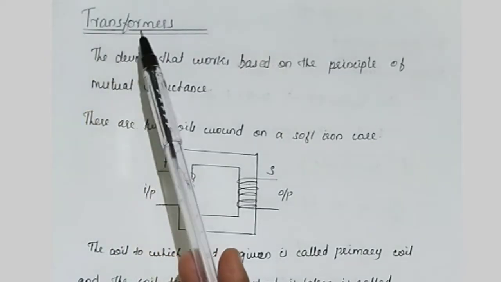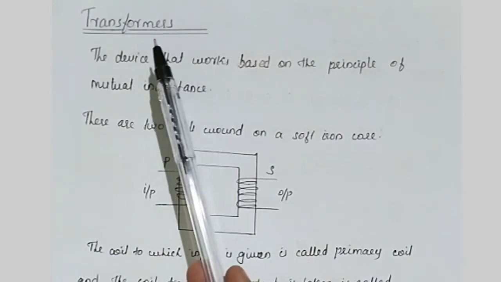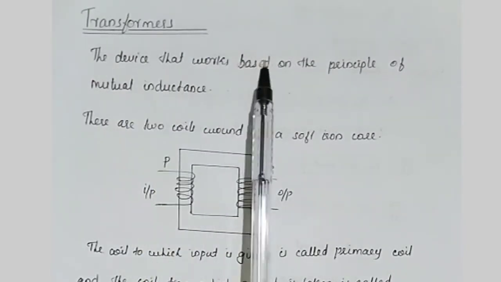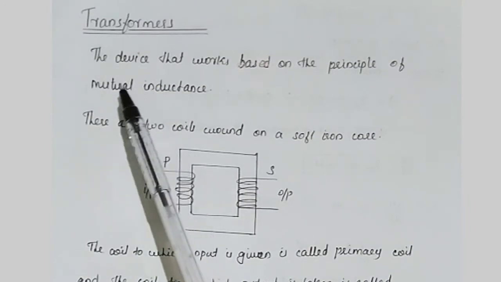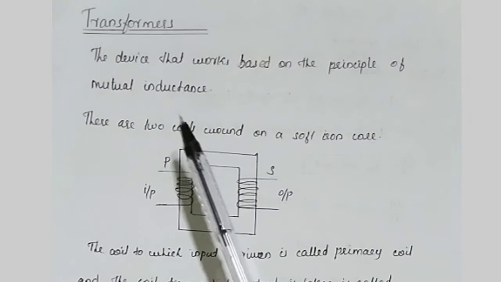Now towards the end of this chapter, we have a discussion about transformers. As we have already seen while discussing mutual inductance, the application of mutual inductance is transformers. So transformers are devices that work based on the principle of mutual inductance.